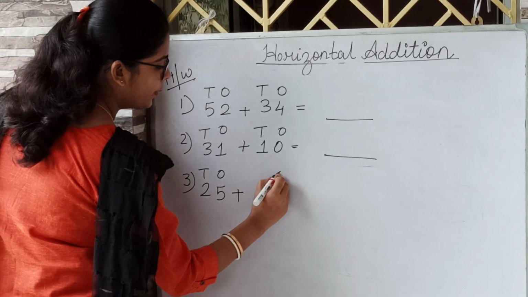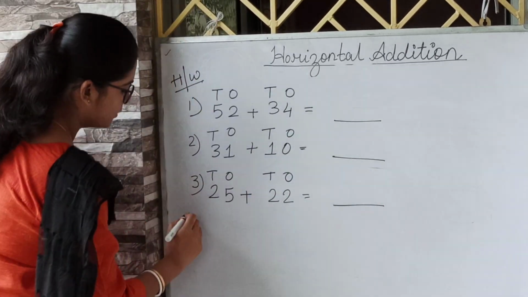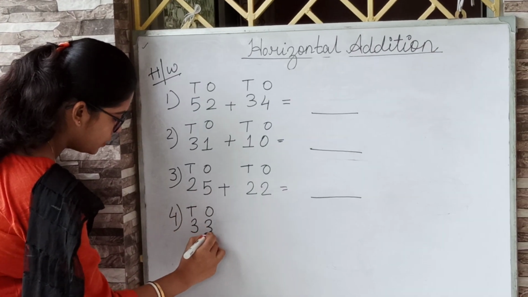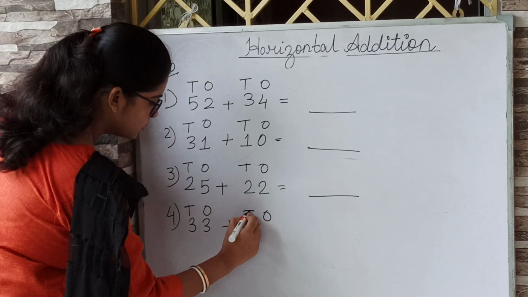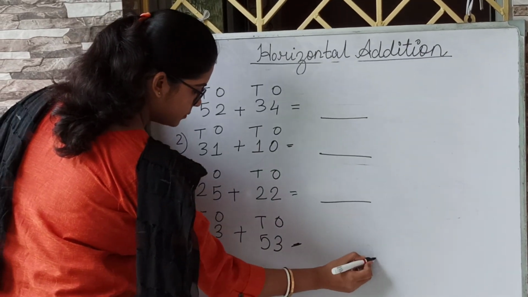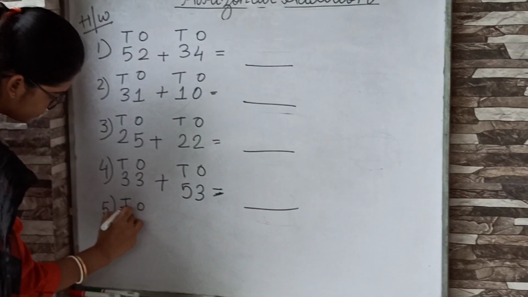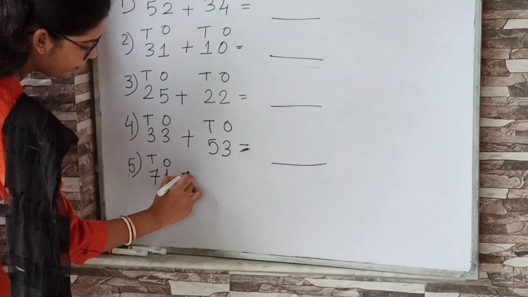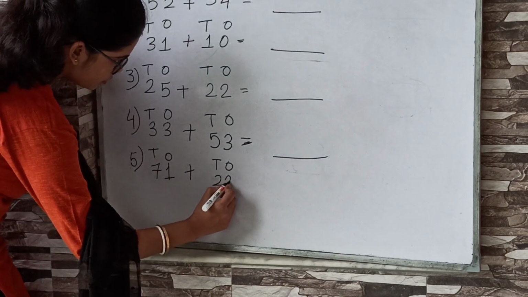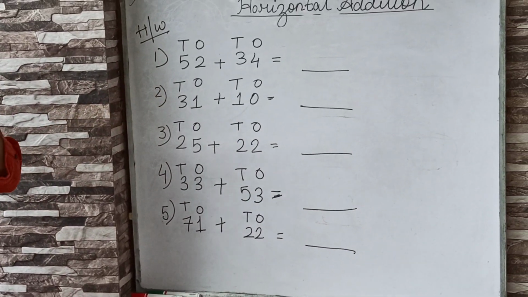25 plus 22. 33 plus 53. 71 plus 22. Okay, these five sums are your homework.